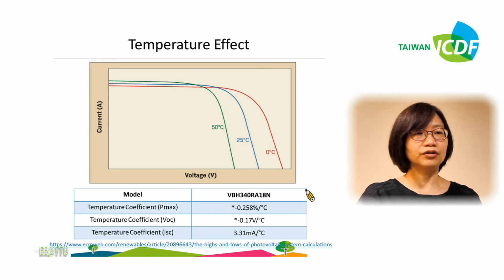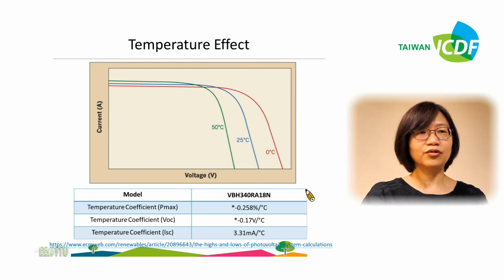coefficient, which is called the temperature coefficient. It is quite important because the output power is degraded at high temperature. We have a negative temperature coefficient for Pmax and also for the voltage.